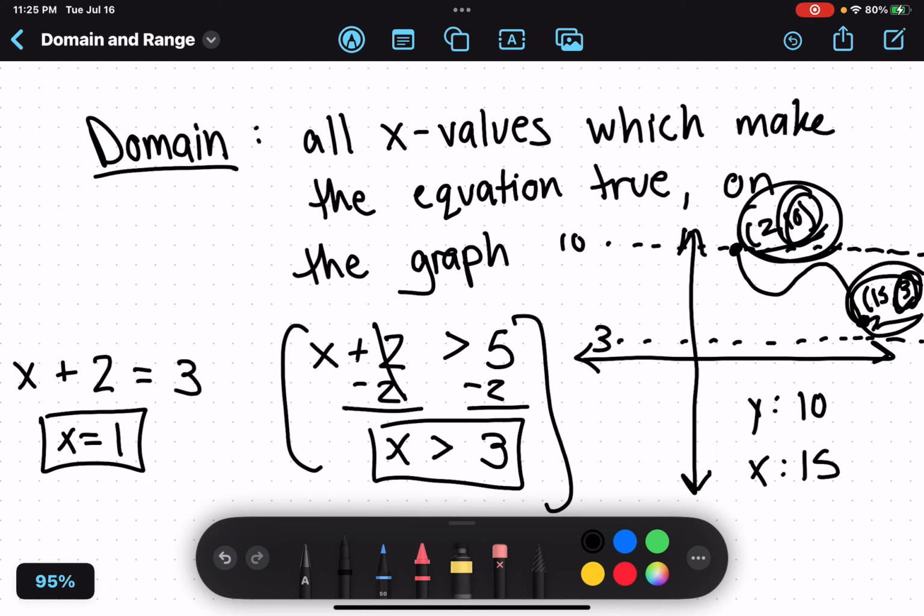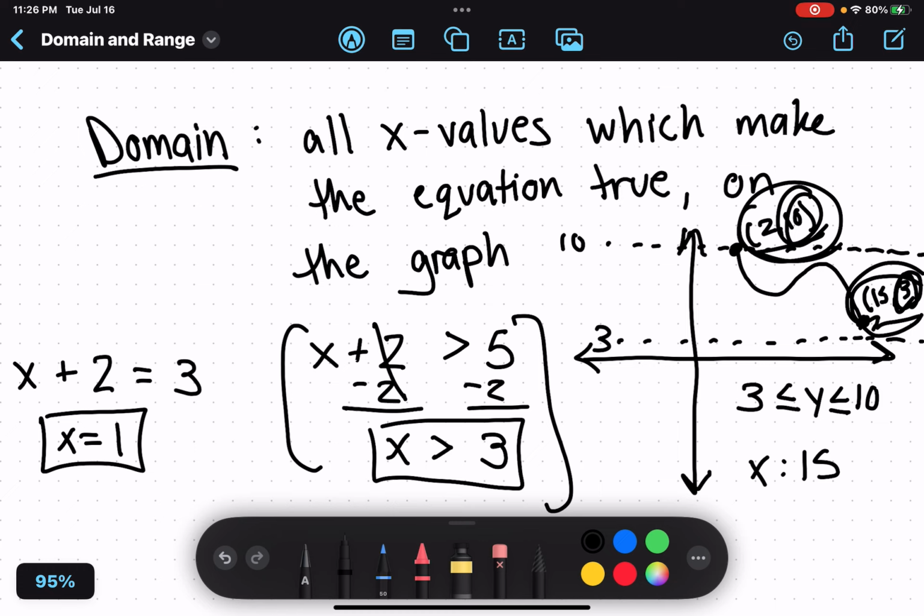So y has to be less than 10, but it has to be greater than 3. Y has to be between 10 and 3. And in this case, since these coordinates are closed, that means it's inclusive.